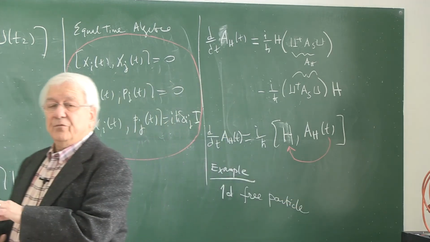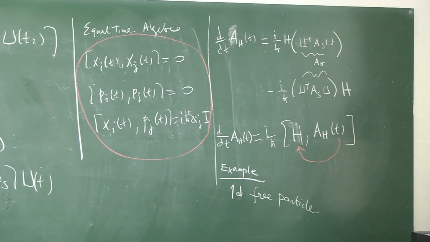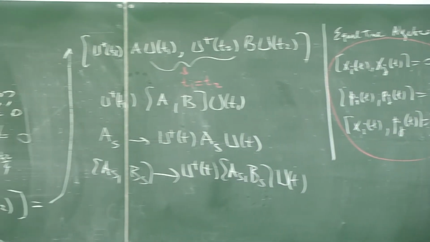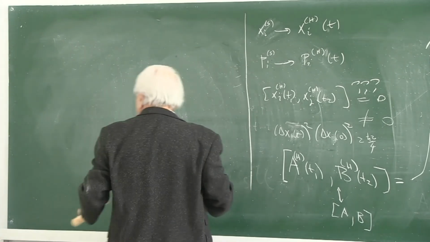Well, of course, a 3D free particle is equally simple, but you have to worry a little bit about the indices of the vectors. Well, anyway, by now you must be experienced enough. But to illustrate the point, I'll take one-dimensional space.